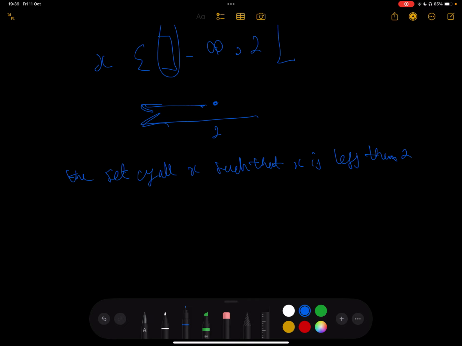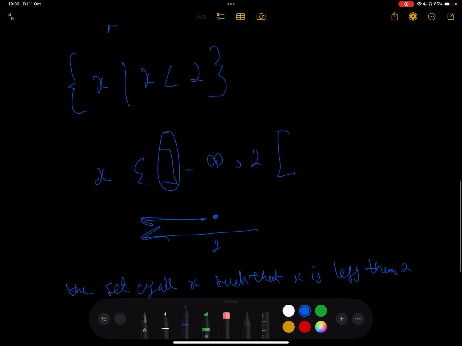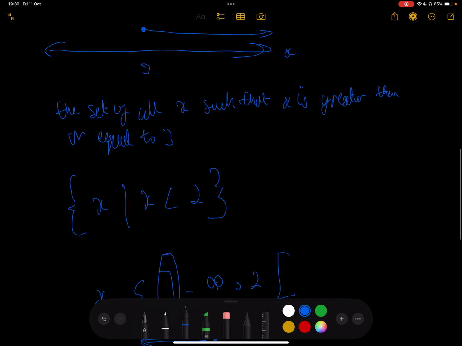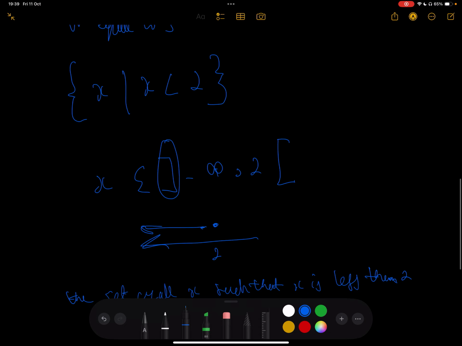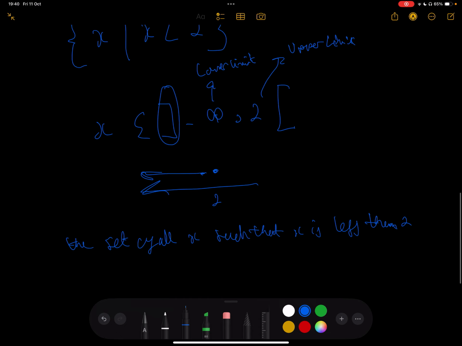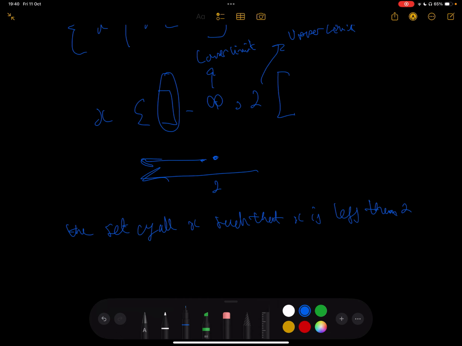Alright, so what does this mean? Well, for all of the values that x can take, x has to be less than 2, basically. So here, you'll see on the left we have negative infinity. This is our lower limit. And 2 is our upper limit. But we can see that x is less than 2.